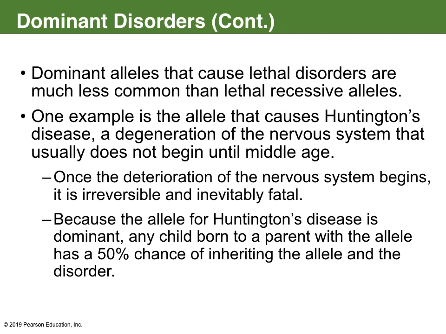And this is something that can't be reversed, it can't be fixed. It's a terrible disorder to have. Now, because the allele is dominant, any child born to a parent with the allele has a 50% chance of inheriting the allele and with it the disorder.